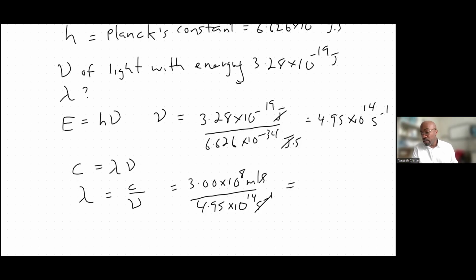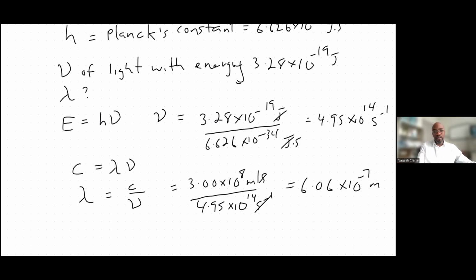Do that math, we're going to get 6.06 times 10 to the minus 7 meters.